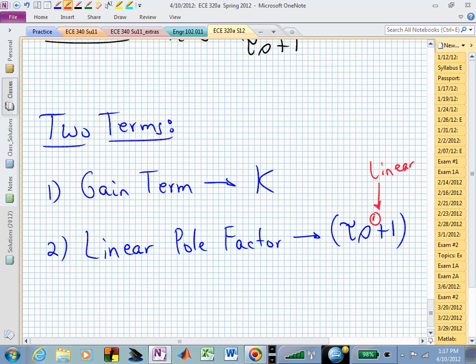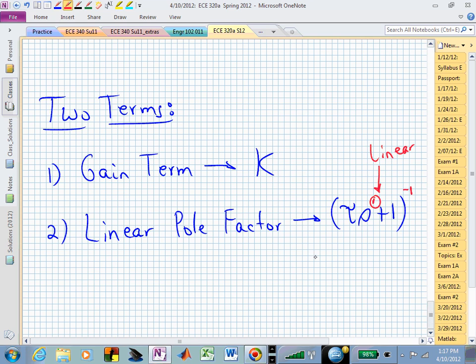That's not a 2, that's a 1. If it was a 2, it would be a quadratic factor. Is that clear? So this makes it the linear factor, and the fact that it's in the denominator, which typically, if you just wanted to treat it as a factor and you didn't know whether it was a pole or a 0, you could raise it to the minus 1, and that would be, oh, that's a pole factor. So it's in the denominator, which gives us our pole.